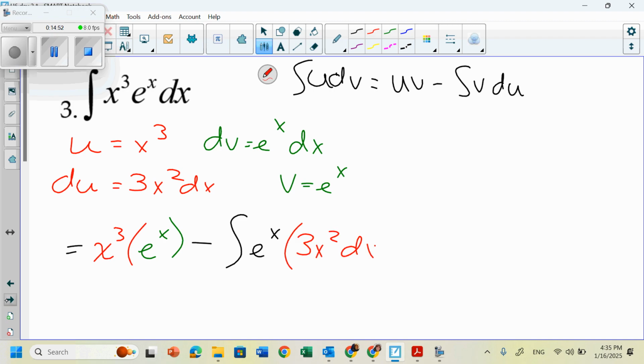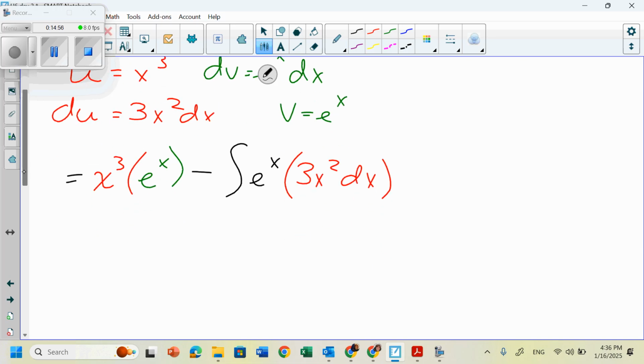What I can do is integration by parts again. Again, I'm going to let u equal the 3x squared. Then du is 6x dx. dv is still going to be e to the x dx. And v is equal to e to the x. You can use integration by parts multiple times until you can integrate that one piece that you need to integrate.